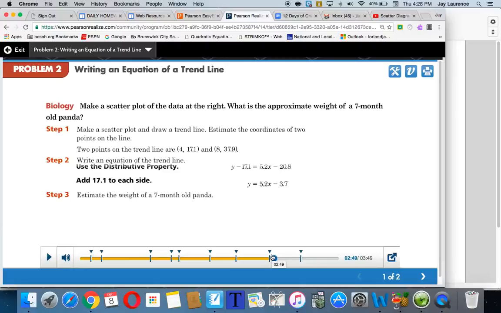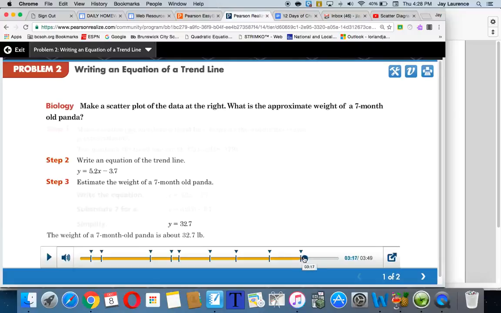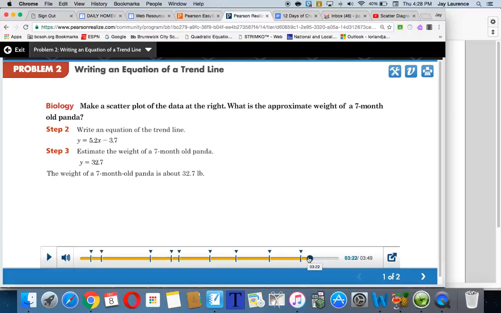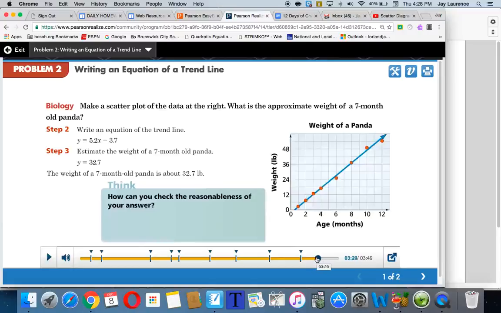And since we're talking months for our independent variable, all they have to do is put 7 in for x and do their math, and there we go. A panda is about 32 7/10 pounds. Okay, you look over here, and they're going to 7 months old.